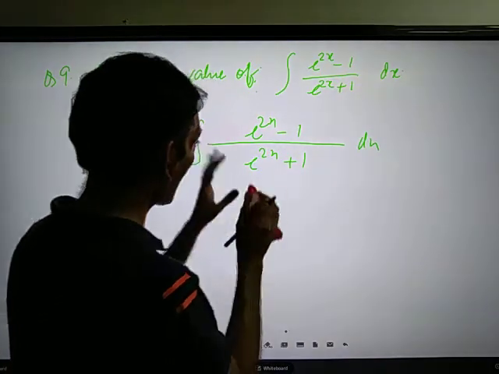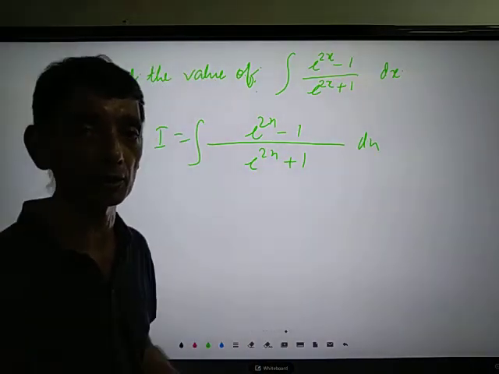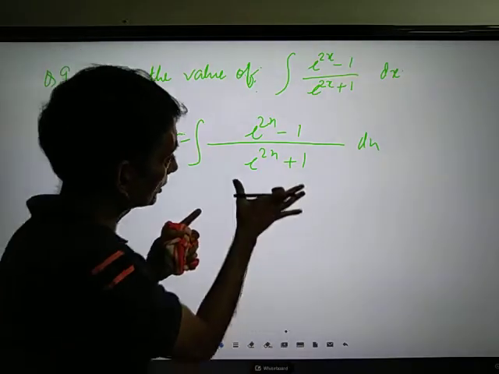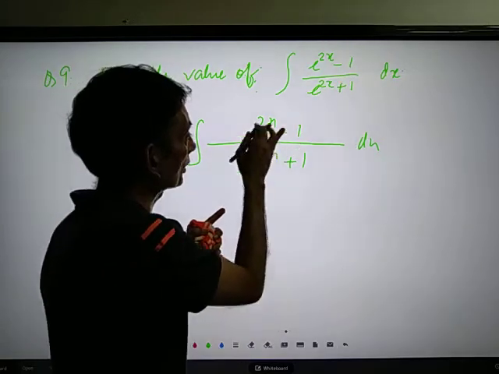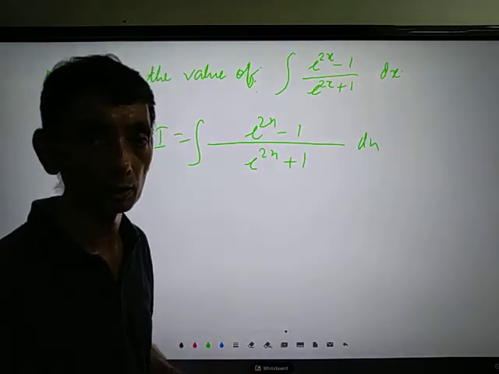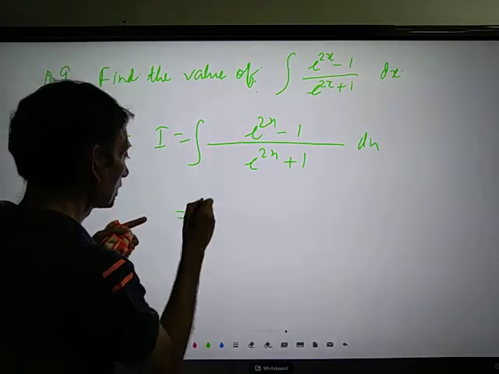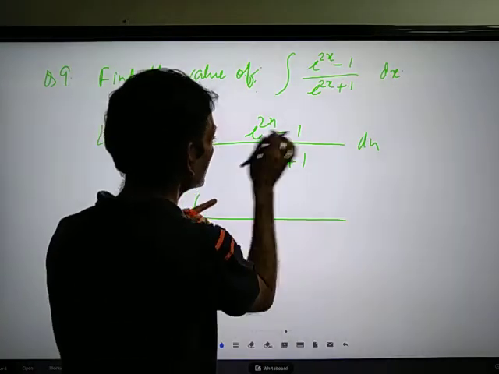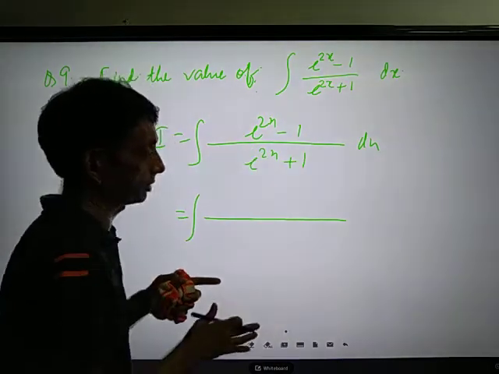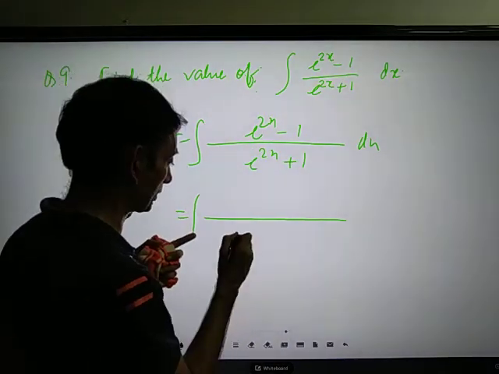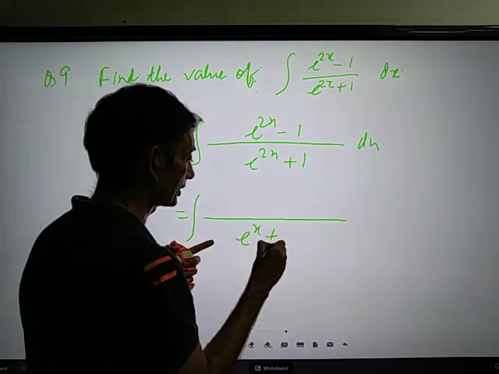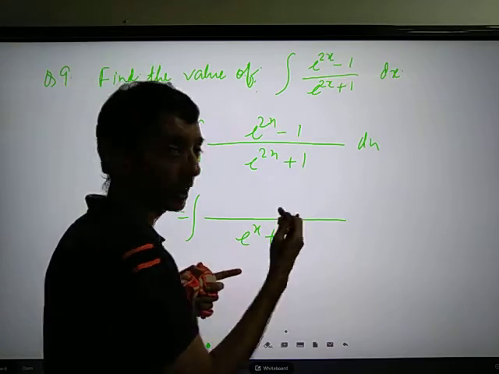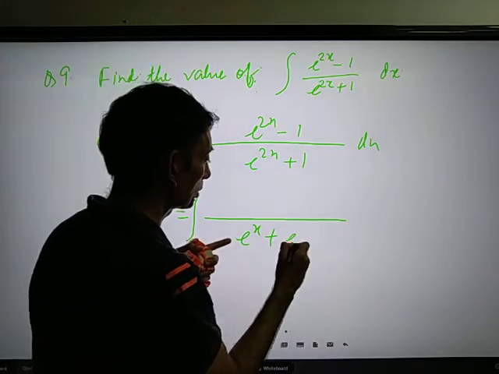As you have seen, as it is, it cannot be solved by the method of substitution, because if you substitute e to the power 2x plus 1, its differentiation is not e to the power 2x minus 1. So what you need to do is divide each and every term, numerator and denominator, by e to the power x. If you divide e to the power 2x by e to the power x, it gives e to the power x, and if we divide 1 by e to the power x, it will be e to the power minus x.